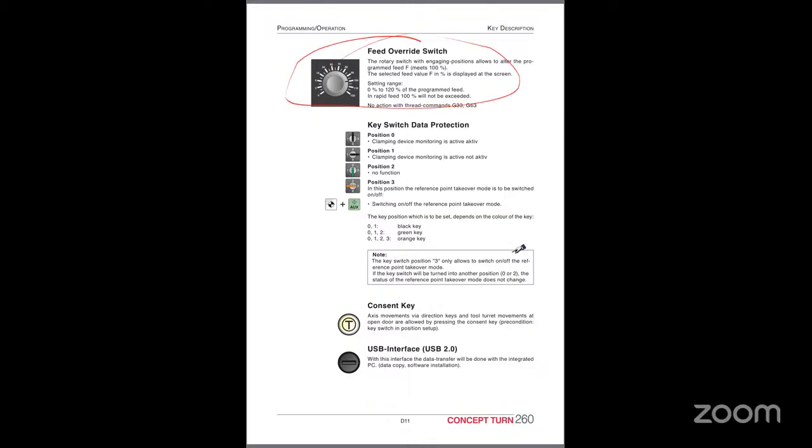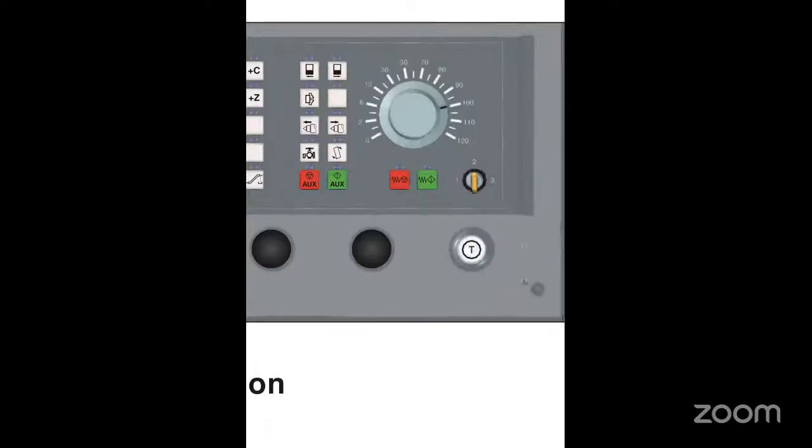Next is the feed override switch. You can change the feed from 0 to 120%. If you press this 0, there is no cutting. 120 means cutting at maximum.